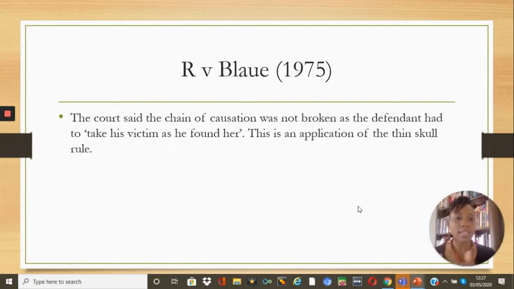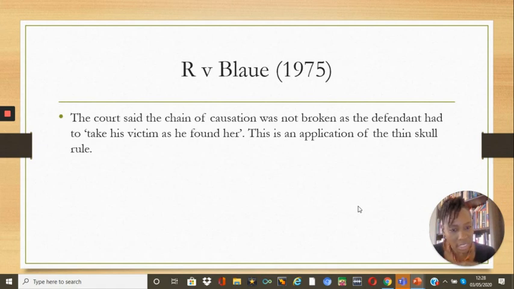And the court argued it's not broken because we are applying what we call the thin skull rule, and you need to take the victim as you found her. You cannot argue that, bearing in mind that when you found the victim, she had these religious beliefs. That is inexcusable.